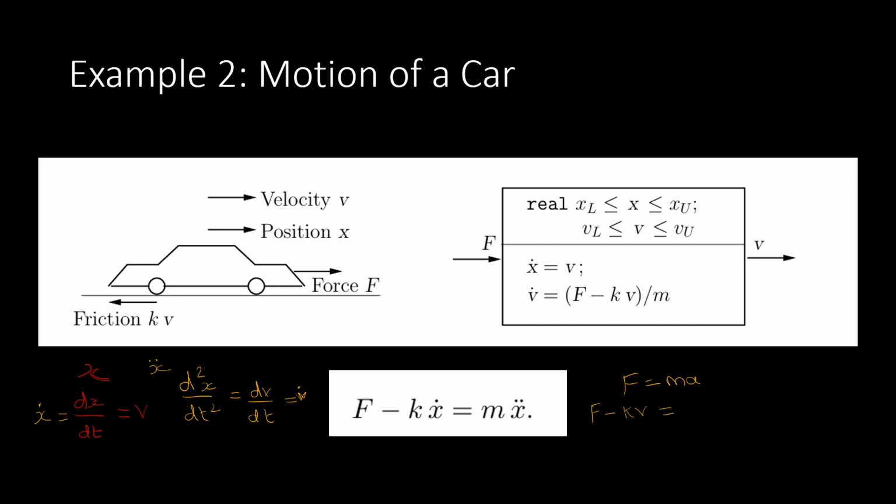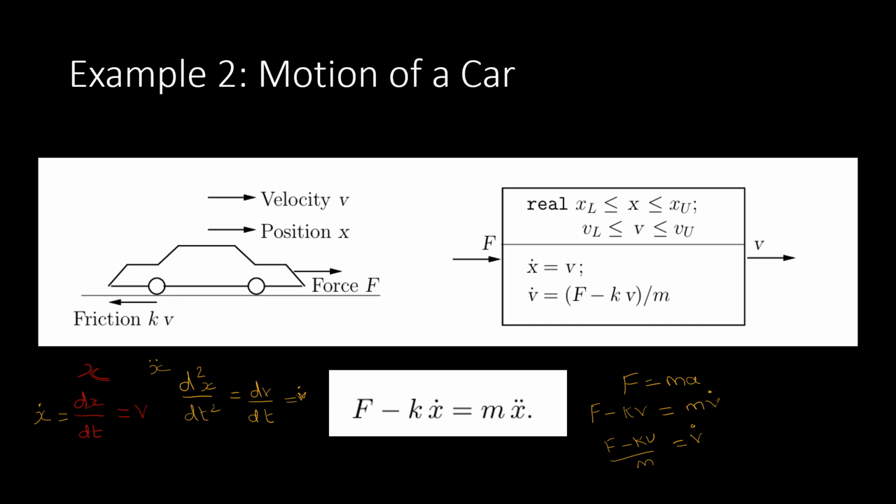M is the mass, let the mass stay as such. A is the acceleration, so instead of acceleration, I represent it as v dot. From this equation, I can easily write F minus kv, totally divided by m, is equal to v dot.